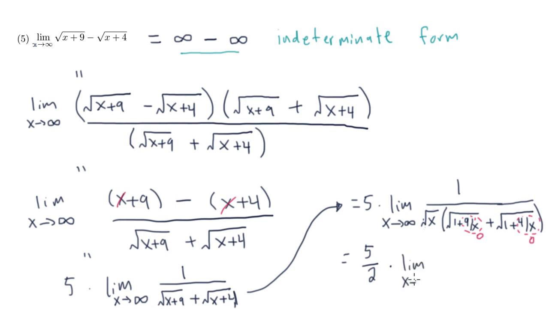Limit as x goes to infinity of 1 over square root of x. But this is 1 over x to a half, and we've talked about how 1 over x to a positive power is going to 0 as x goes to infinity. So there's the overkill justification of why it's 0 using just the facts we introduced in this lecture.